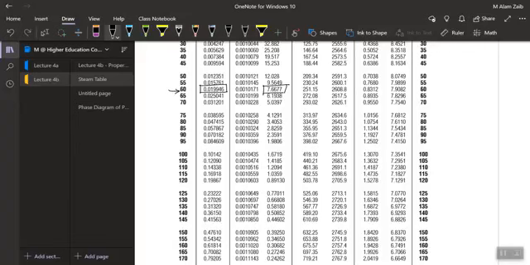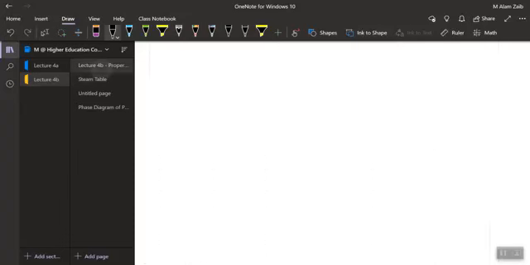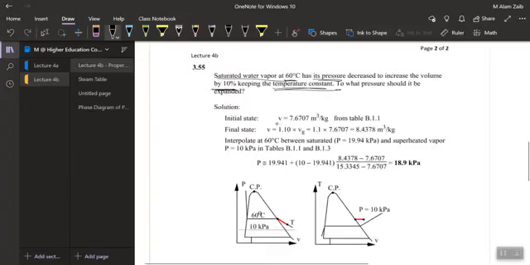If I reduce the pressure by increasing the volume, and that volume is increased by 10%, that means 10% of this volume would be added to it. So multiply by 1.1, which is 110%. The volume would become 8.4378. So at this volume, what would be the pressure?